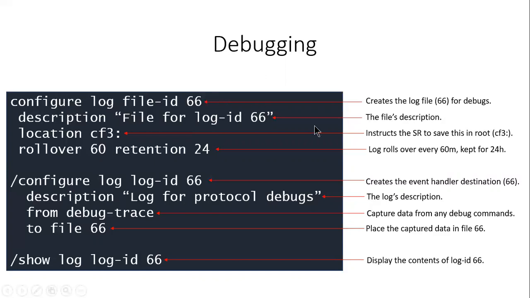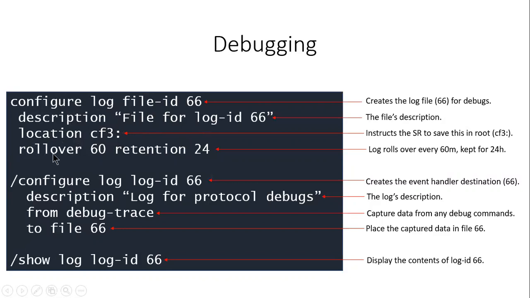So running through the commands here, we have the command configure log file-id 66. So this is going to create our log file, which we're given the unique identifier 66 for our debugging information. And then once we're inside the context of our log file ID 66, we can give it a description. In this case, it'll be file for log ID 66. We'll specify the location, which is going to be compact flash 3.